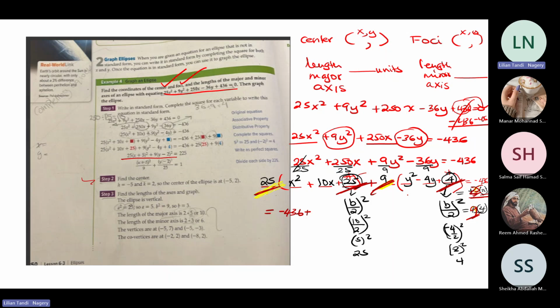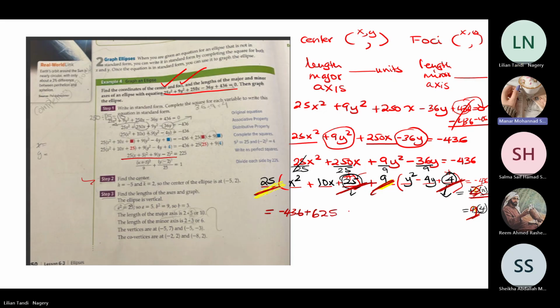You're lying, 25 times 25 cannot be 189. Negative 436 plus 2. Answer my question: what is 25 times 25? 625. Thank you. Positive 625. And then what is 9 times 4? 36. Plus 36. Up to here we are good?